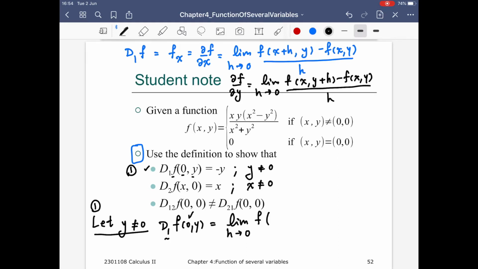Your x at the beginning, it is 0. You see, it is already need to find a derivative at this point. So it is a 0 plus h. You see, just using this formula, but the x right now is the one that you need to find the derivative at this point, 0. And then your y arbitrary minus f at 0, y over h.